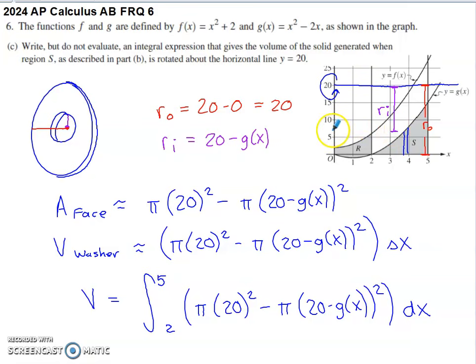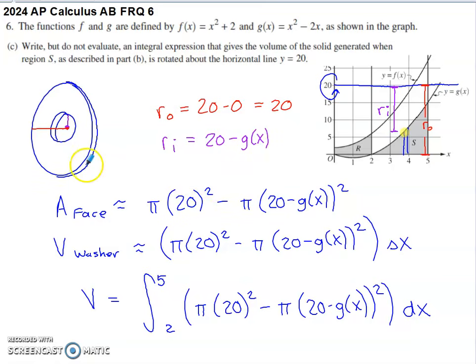Now the bottom y is not 6 or 7 or whatever you're looking at over here if you're working directly across to the y-axis. That bottom y is going to change depending on where I choose to draw that slice. That bottom y is the y value from this graph, which is y equals g of x. So 20 minus g of x would be my inside radius.